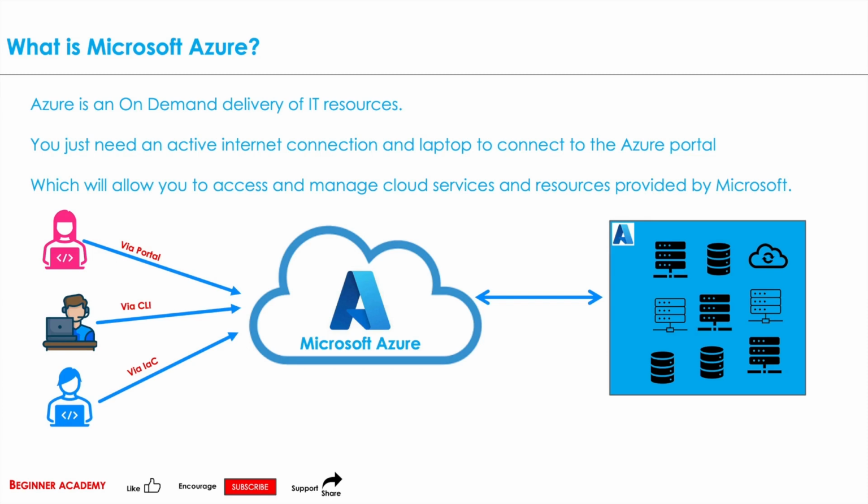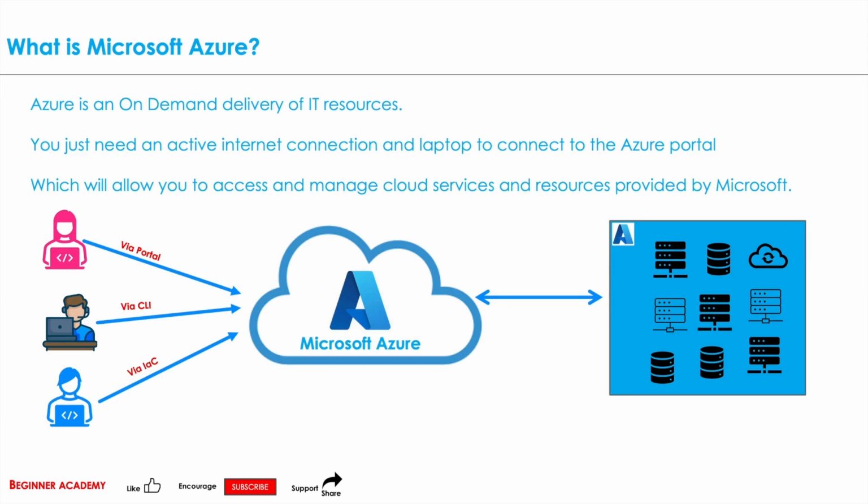There are multiple ways you can connect to Microsoft Azure. The major one being, if you're a new starter, you will go for a portal. You will log in via the portal and you can access Microsoft Azure and create any resource whichever you want and manage it.